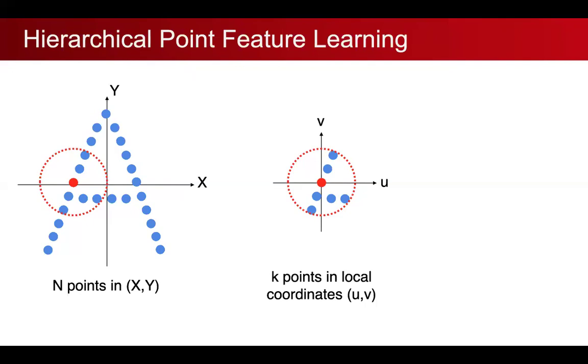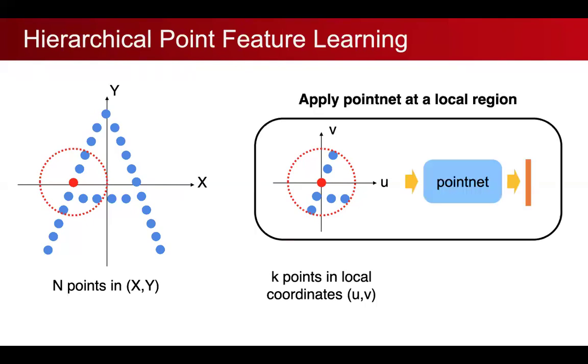So instead of having n points in the global space, we are going to have k points in a local coordinate space, like this UV frame. And that defines the locality that we're going to exploit to do hierarchical point feature learning. So the idea is to apply PointNet to a local region. Then we have the benefit of PointNet for analysis, but we have the localization by selecting that region.